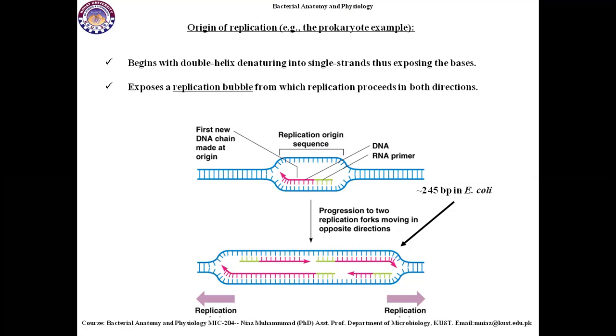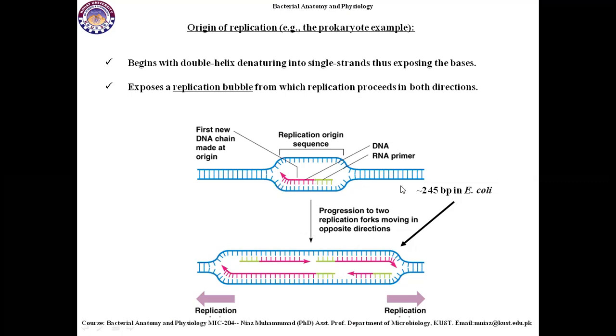So first a small sequence of RNA will form, and this RNA sequence will provide the first hydroxyl group to attach the first nucleotide over here. The first nucleotide, when it binds, will provide the place for the second, third, fourth, fifth, sixth, and this chain will increase.